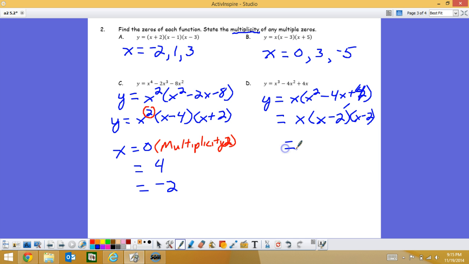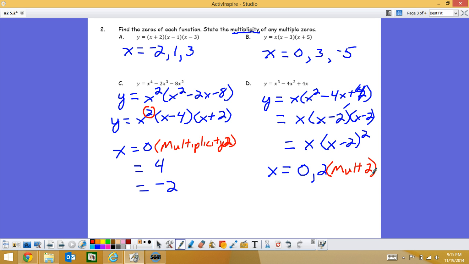We could rewrite that as x times (x minus 2) squared. Either way, we have two zeros: 0 for the x and 2 for the x minus 2 factor, but that occurs twice. So we say that that 2 has multiplicity of 2 because it occurs twice.